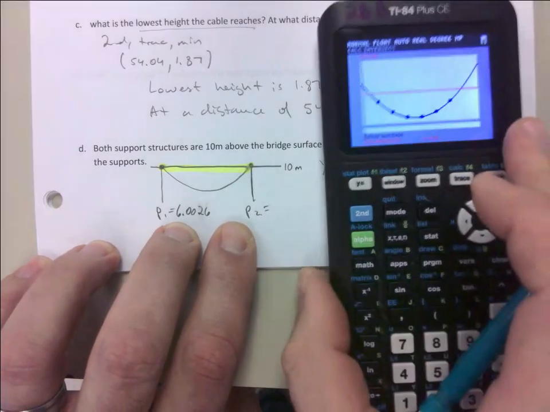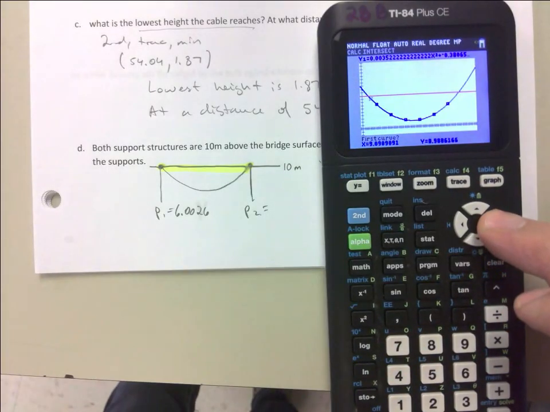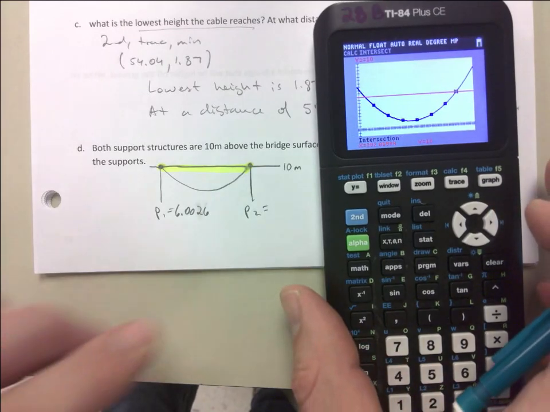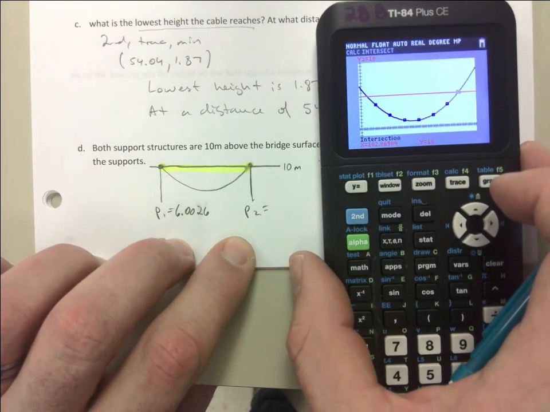This post, let's find it. There we go. Enter, enter, enter. That's 102.0690.